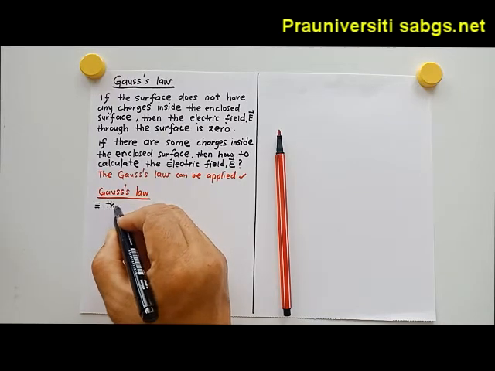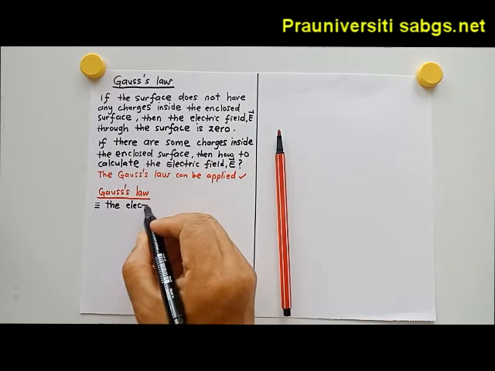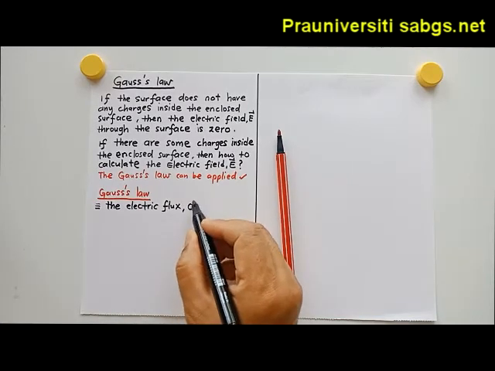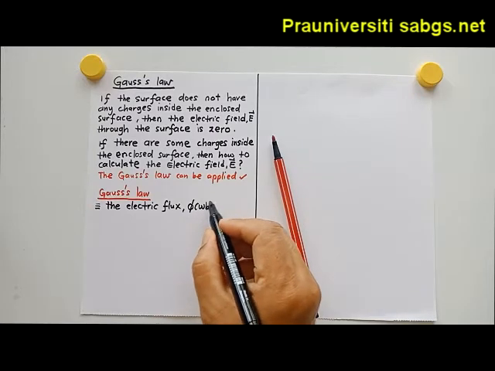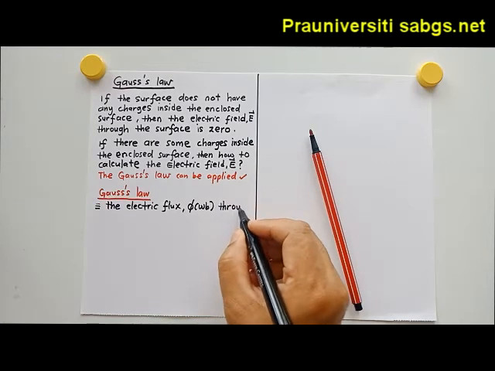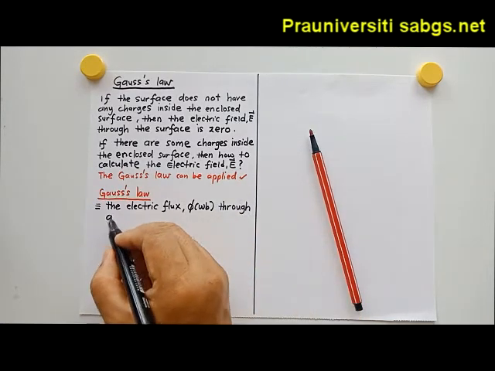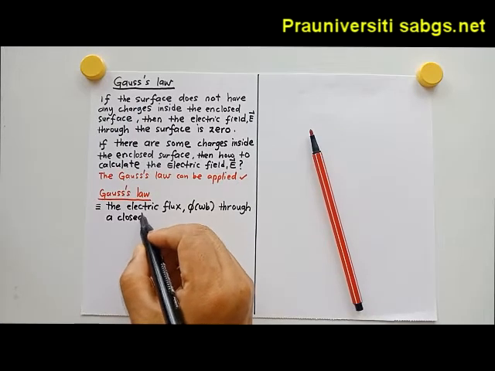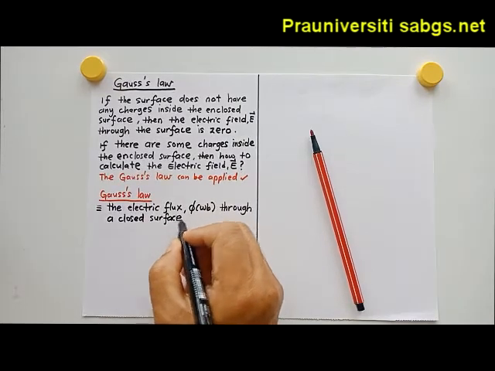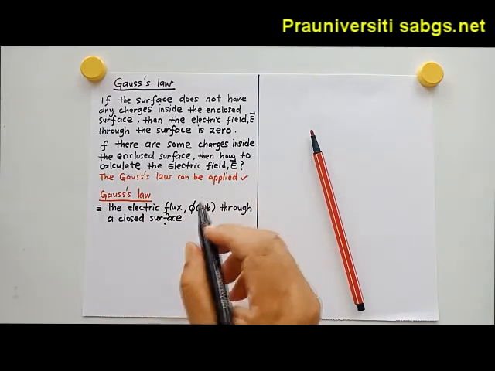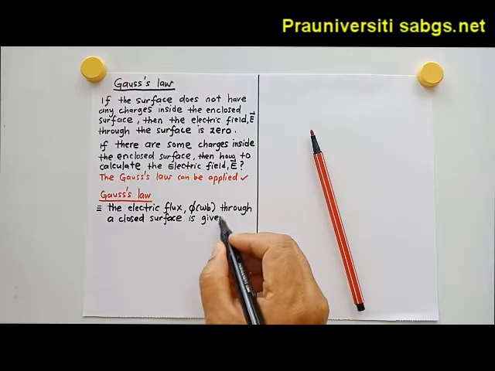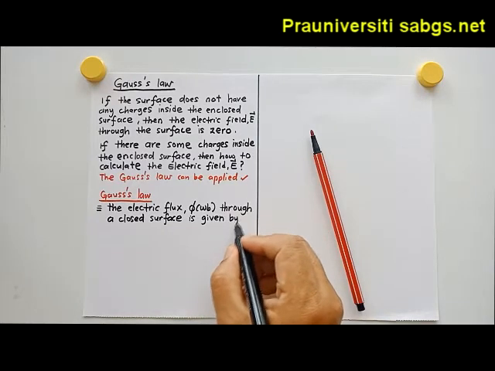The Gauss law is the electric flux, the symbol is psi, the unit is Weber, through a closed surface, is given by this equation.